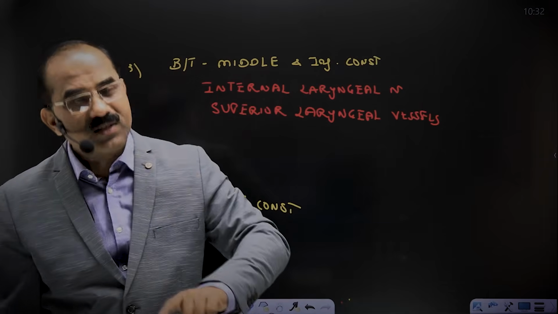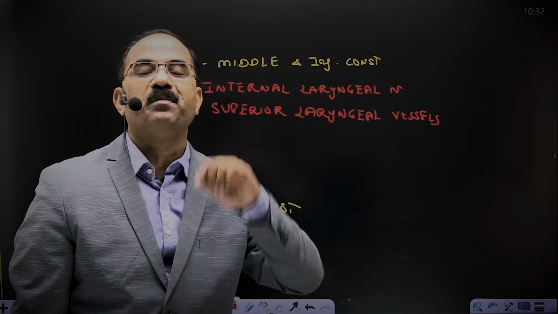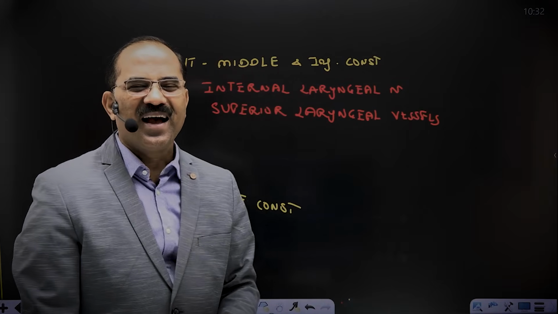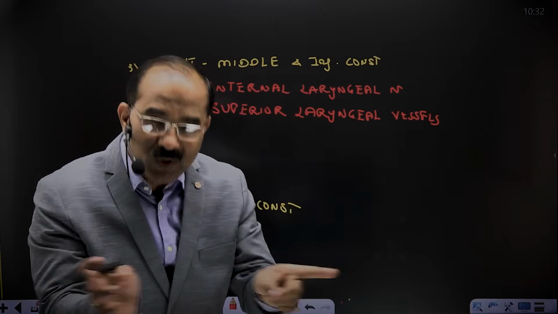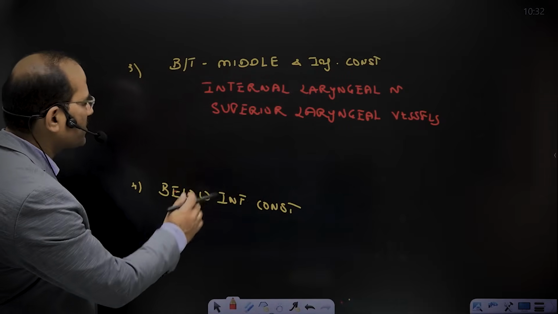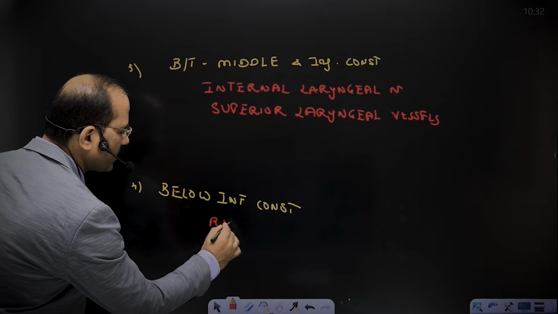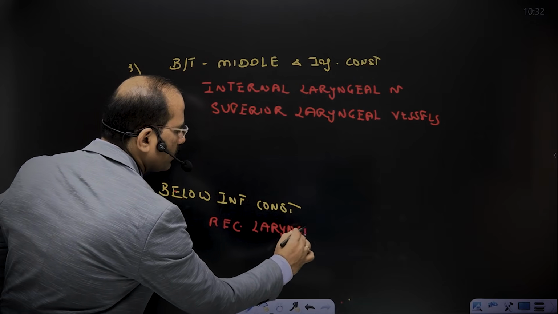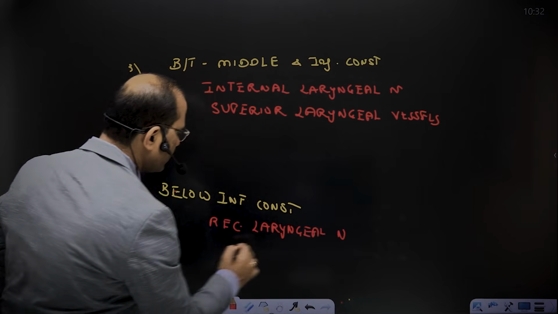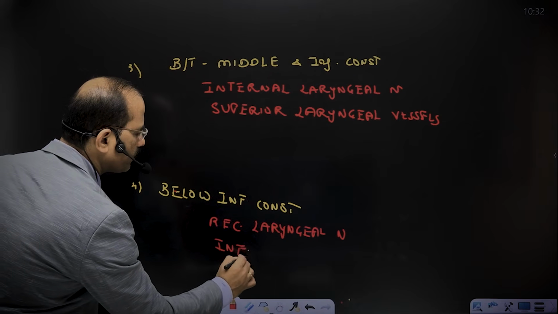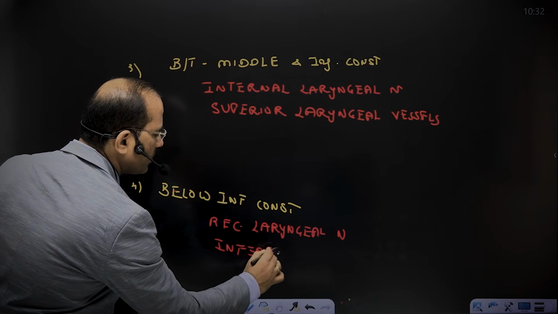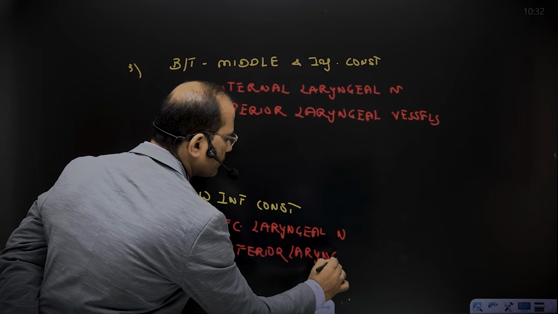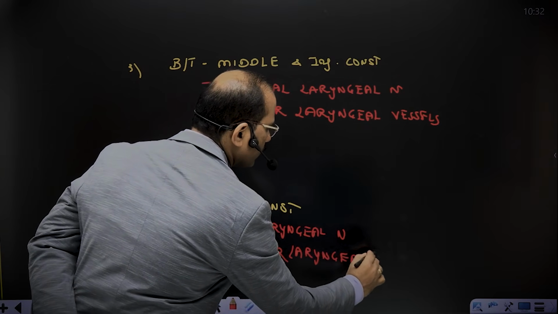And there's another nerve which is going to supply the sensory supply to the larynx below the vocal folds. That's the recurrent laryngeal nerve. And this recurrent laryngeal nerve will pass below the inferior constrictor, right? So what passes below the inferior constrictor is the recurrent laryngeal nerve and inferior laryngeal vessels.